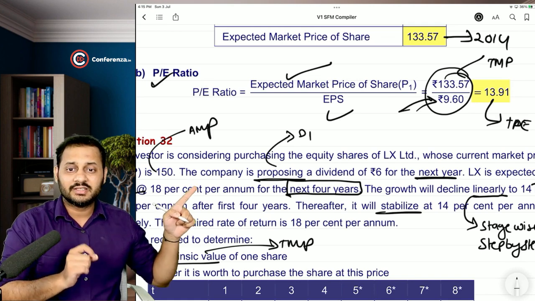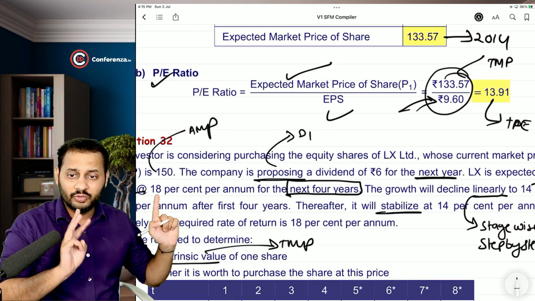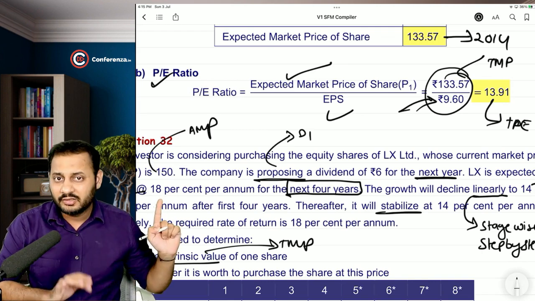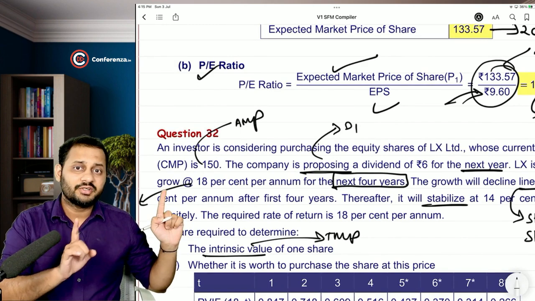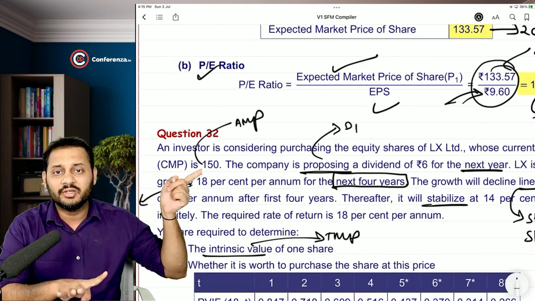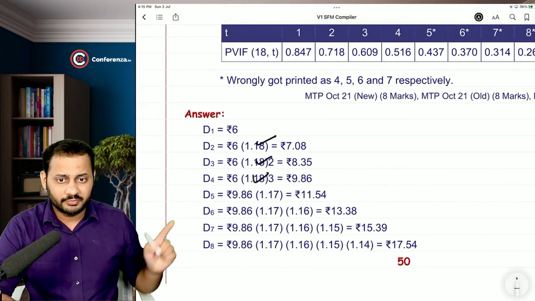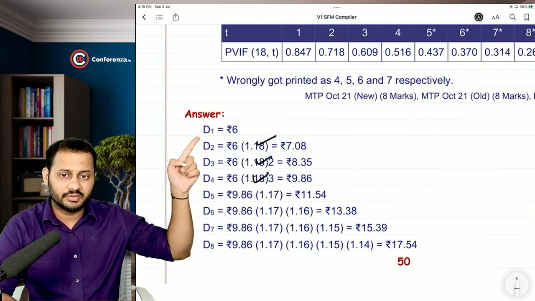So please understand, D1 includes the growth rate for the first year. So only 3 more times you will have to add 18%. 18% is applicable for 4 years, but for the first year it is already included in 6 rupees. So 18%, 18%, 18%, you can see it only 3 times, because for the first time it is already included in 6.